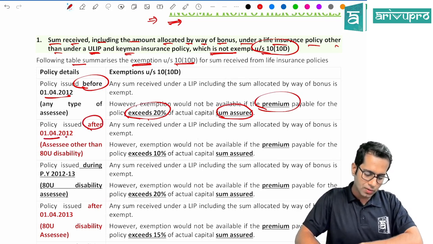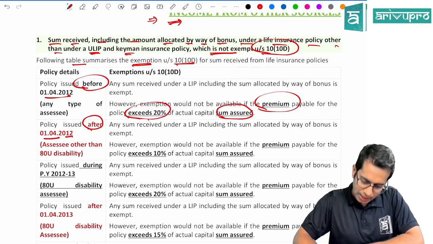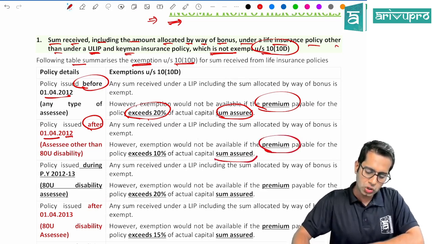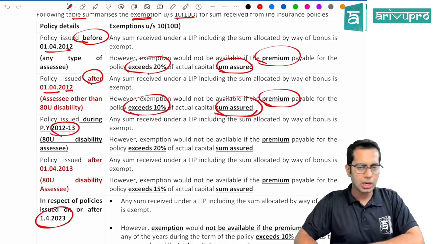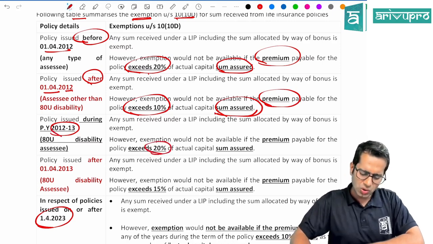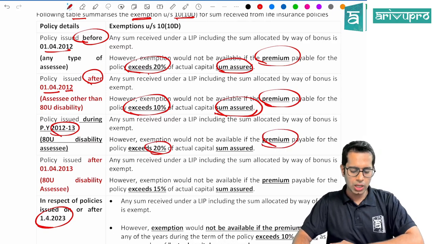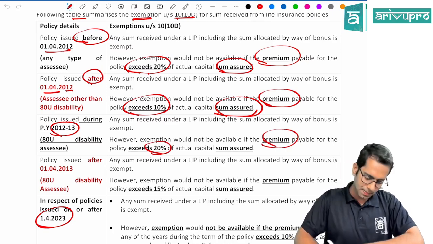If the policy is issued after 1/4/2012, then the premium should not be more than 10% of the sum assured. If the policy is issued during the year 2012-13, then it was 20% of the sum assured for disabled persons.